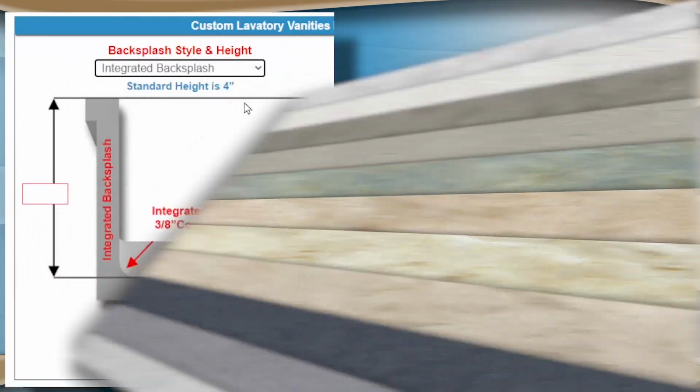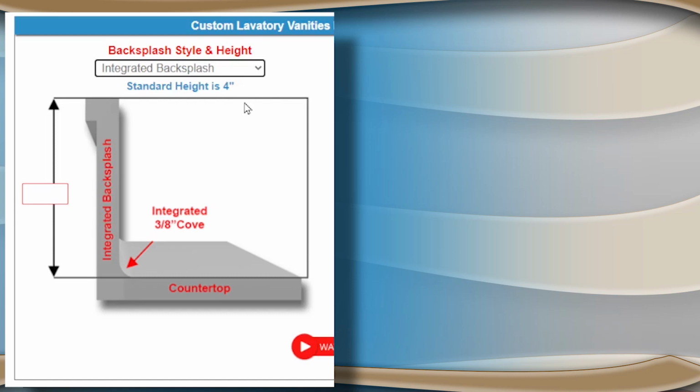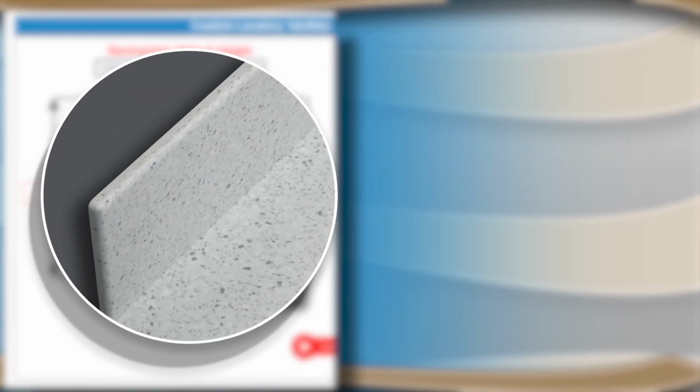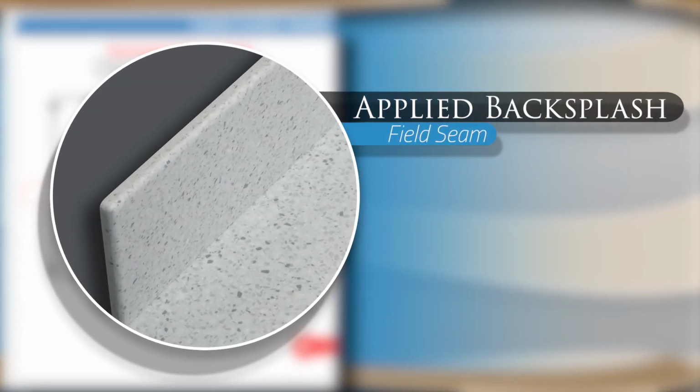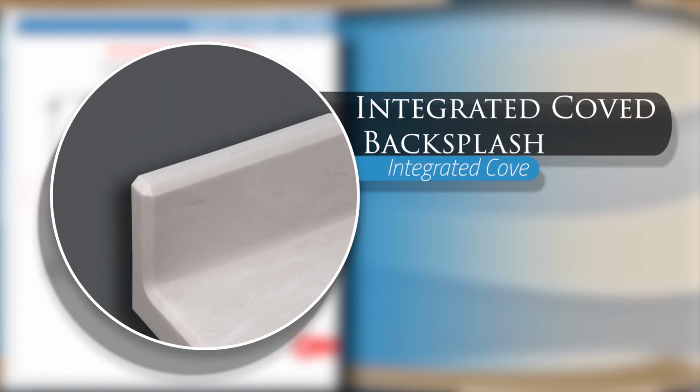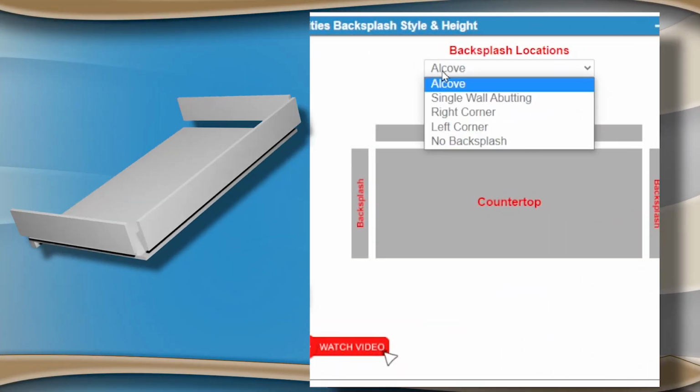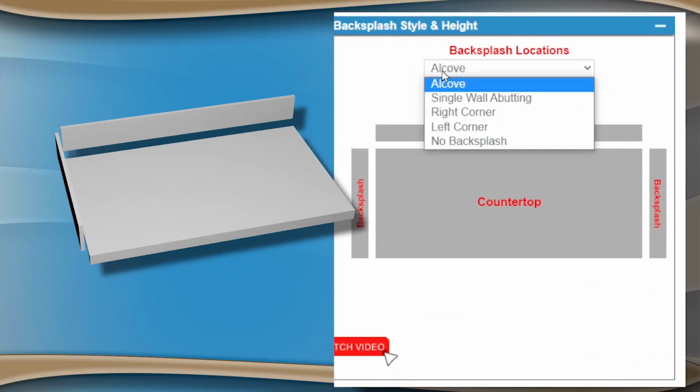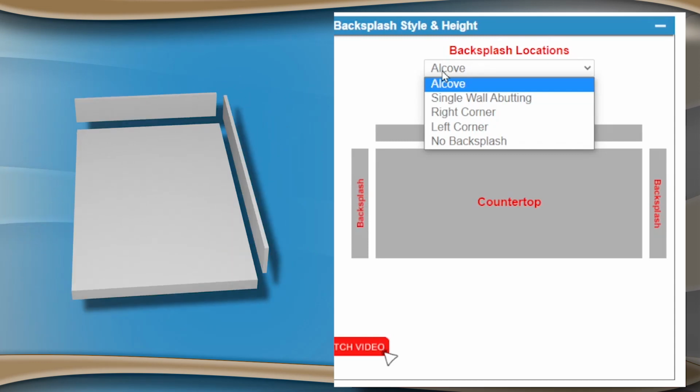Below this, you will next need to specify your backsplash style and backsplash locations. These backsplash locations will need to be determined by the wall-abutting sides of your top.